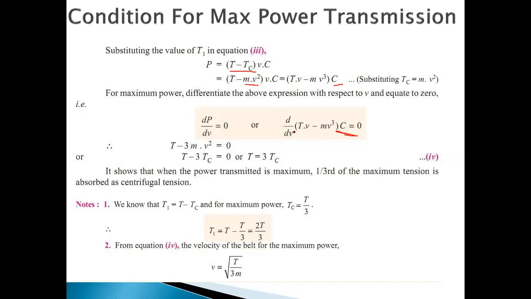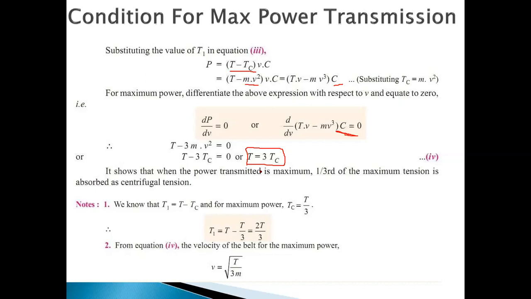We have the derivative of T V is T, the derivative of m v cube is 3 m v square, and C is the constant, so it is equal to 0. So T minus 3 Tc is equal to 0, where m v square is the centrifugal tension. You can take T is equal to 3 Tc, which is the condition: when the tension is thrice the centrifugal tension, the power transmitted is the maximum.